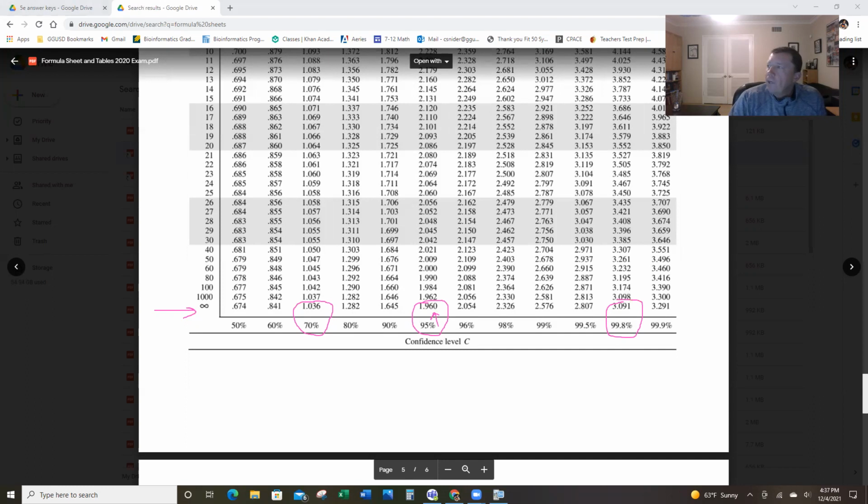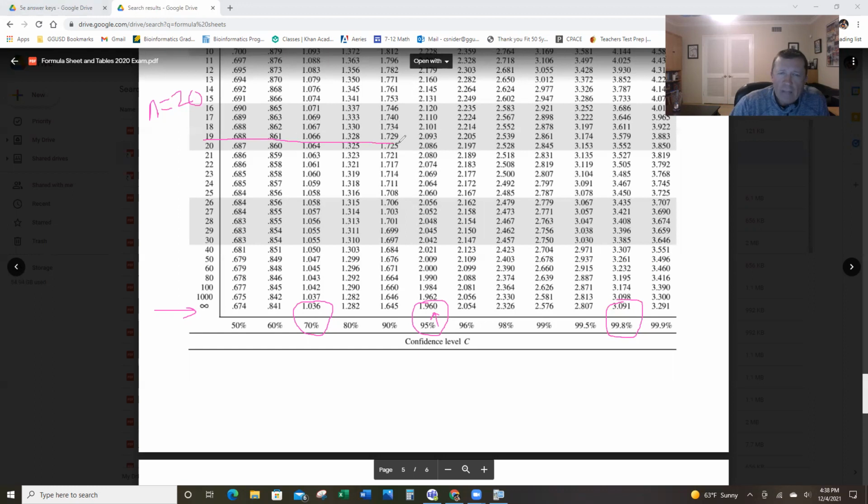Now, if you're doing a t distribution, the numbers are a little different. So let's say you had 20 samples. So n is 20 for a mean. What we're going to do is go n minus 1, 19, and then go on this row right here at 19.